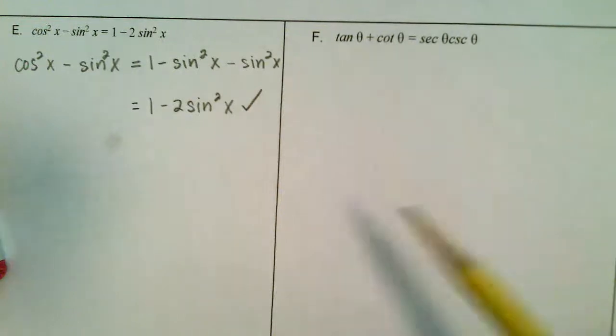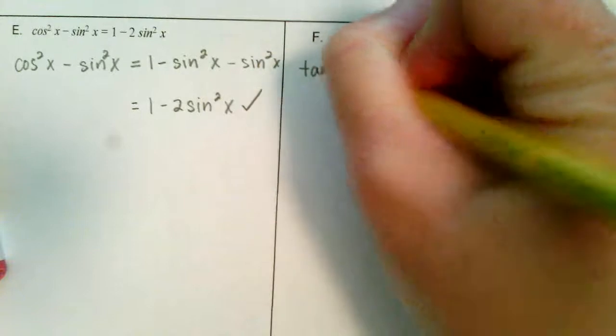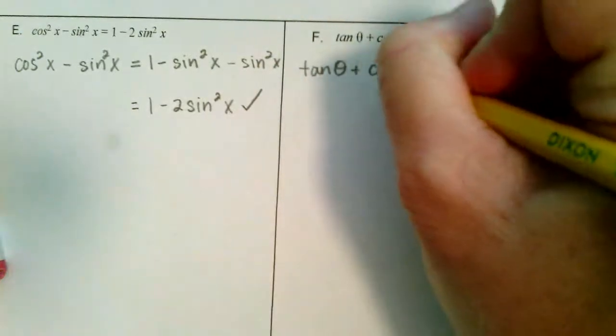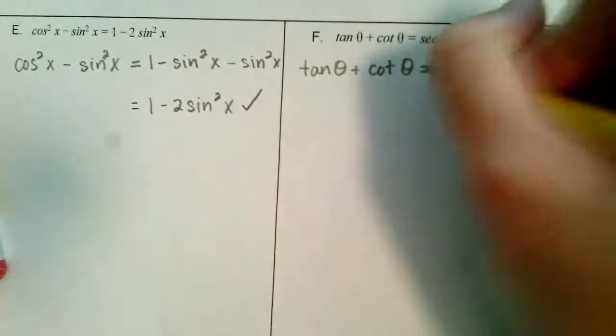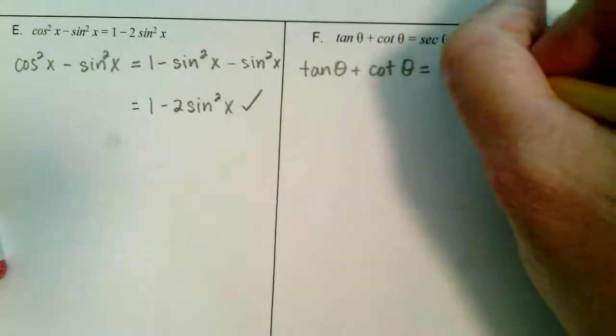Okay, so I am going to start with this left side. I have tangent of theta plus cotangent of theta equals. Okay, so the first thing that I'm going to do, because I don't see anything that I can do right away, is write this in terms of sine and cosine.